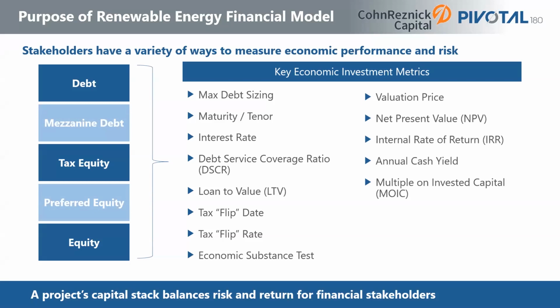Mezzanine debt and preferred equity are two additional classes of stakeholders that are often not present in U.S. renewables, but when structured effectively, they can add additional value to the capital stack. In summary, stakeholders rely on the financial model to measure key metrics that help them to make investment decisions like how much to invest, for how long, and at what price.